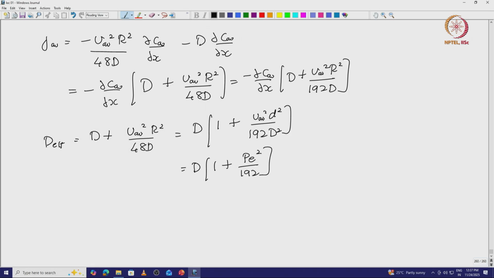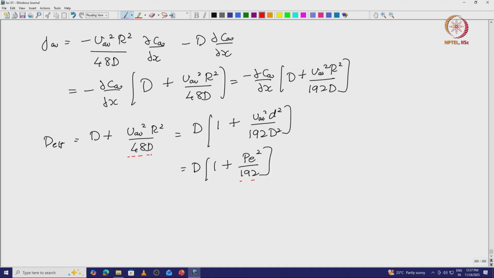So, this is the dispersion coefficient, and for Taylor dispersion it goes as Peclet number square. Alternatively, this component is proportional to 1 over the diffusion coefficient. If the diffusion coefficient is larger, the dispersion coefficient is smaller, and vice versa.